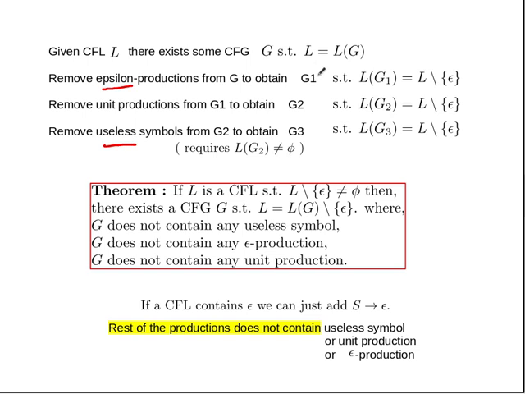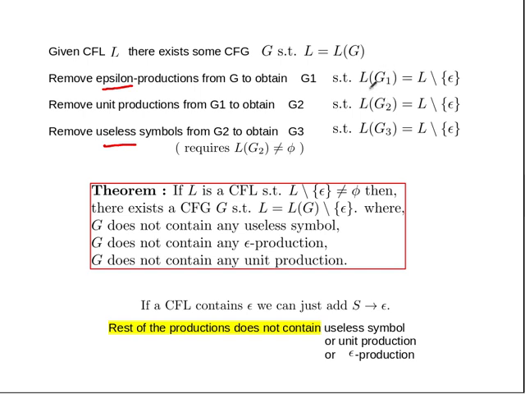Okay, and as we said, when we are removing epsilon productions, the language we get is the given language minus epsilon, right? So if it has epsilon, then you get this minus this thing. And then after removing this, you get this G1, and from G1 you remove unit production, you get G2. And in all these stages, the language is equivalent.